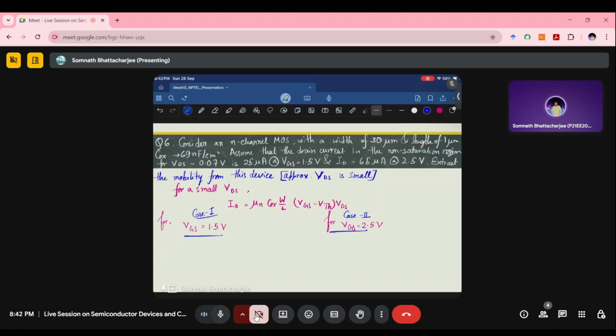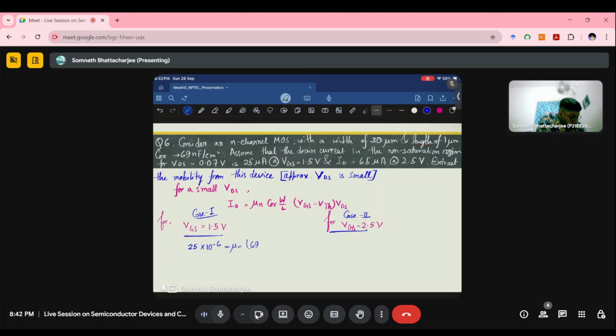So I will solve this. This will be 25 times 10 to the power of minus 6 equals mobility times 69 times 10 to the power of minus 9, W by L is 30, multiplied by 1.5 minus VTH, times VDS of 0.07. Previously we did a similar thing with the saturation region, but right now we are doing it for this case.